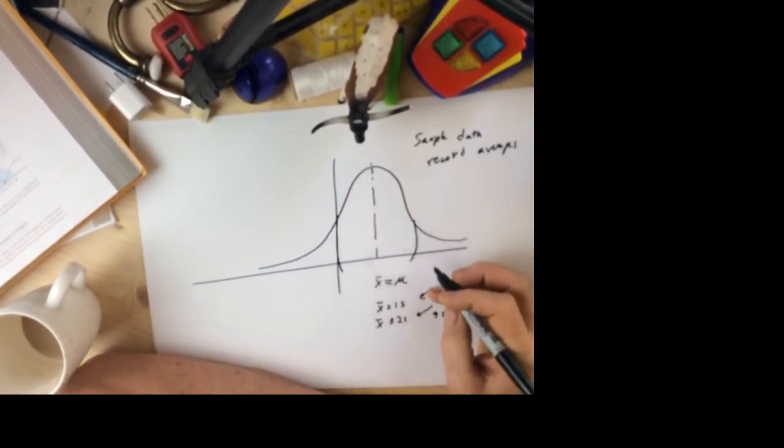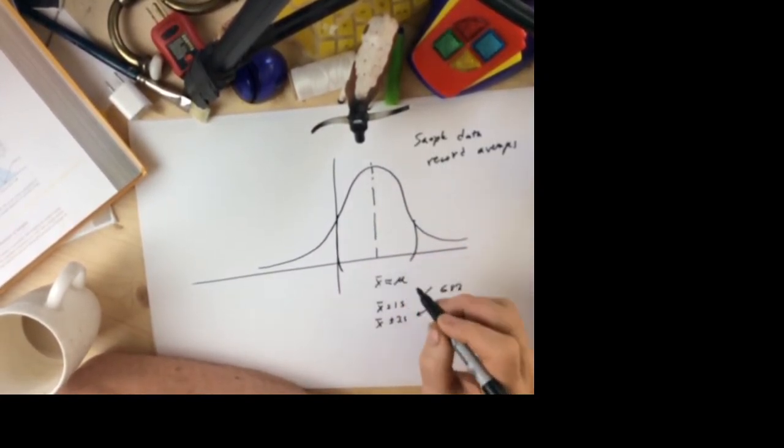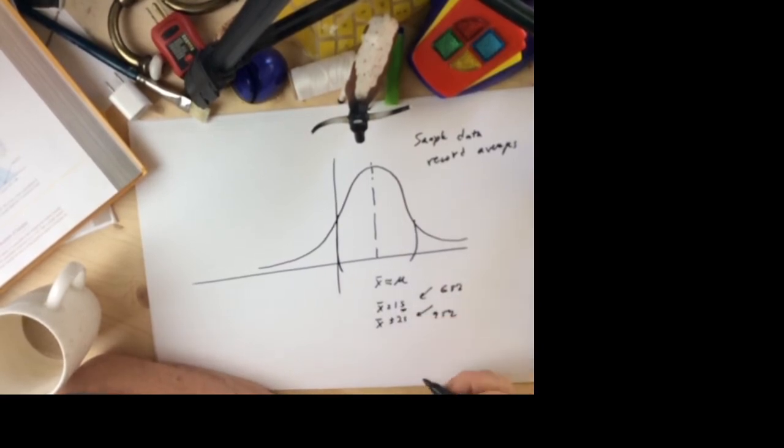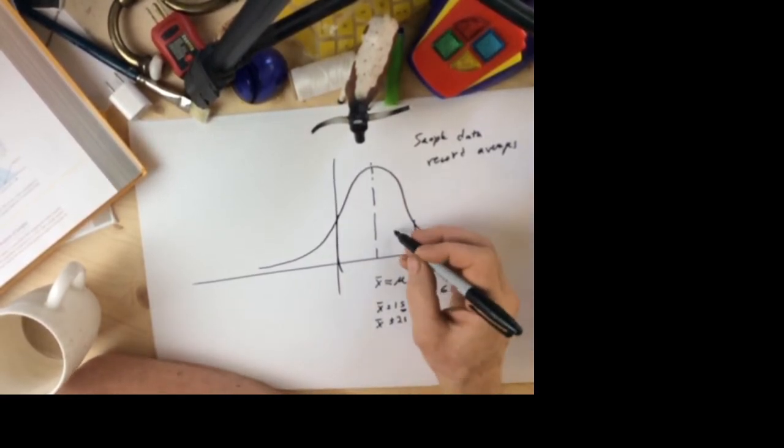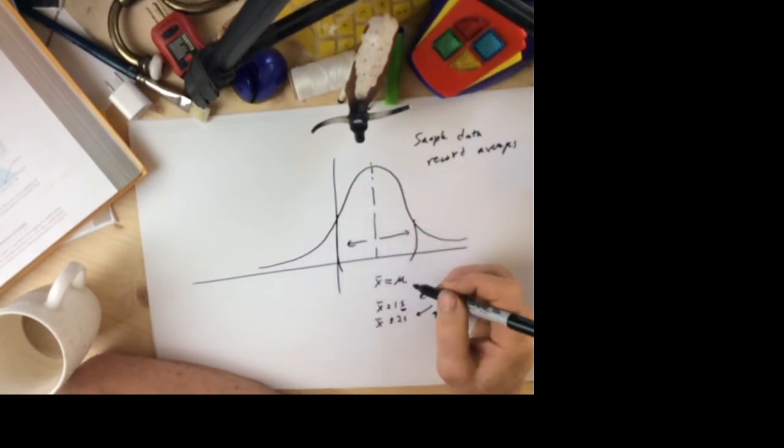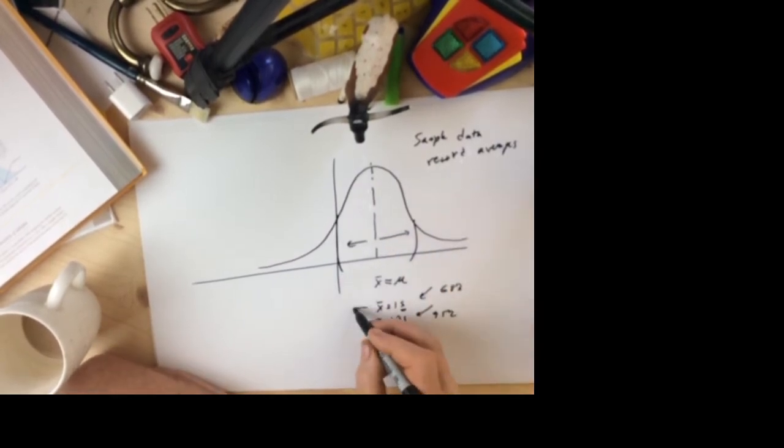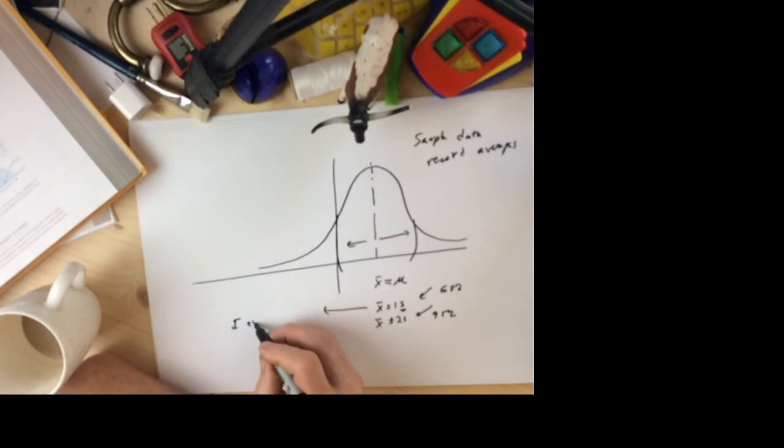When we take our population and we calculate our sample standard deviation, and we go up 1 and down 1, we can say I expect to be correct 68% of the time.